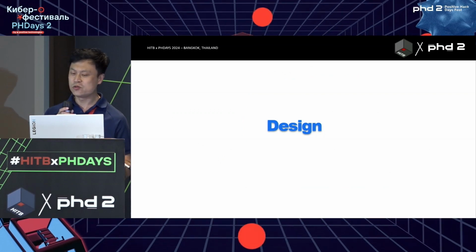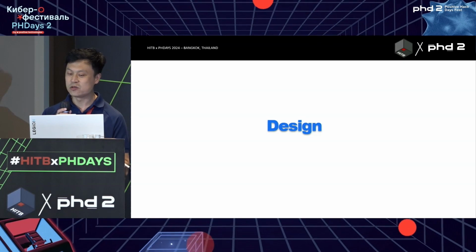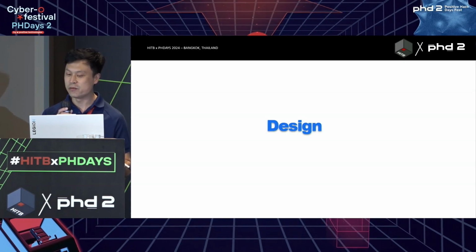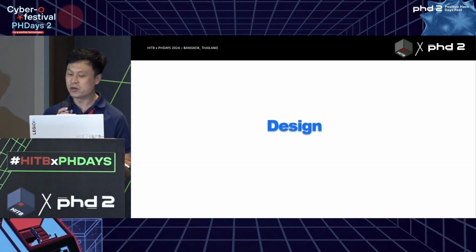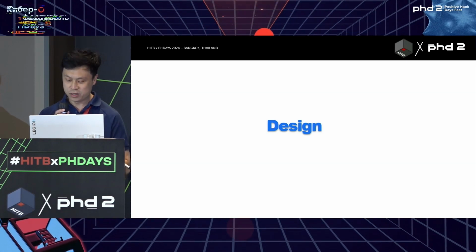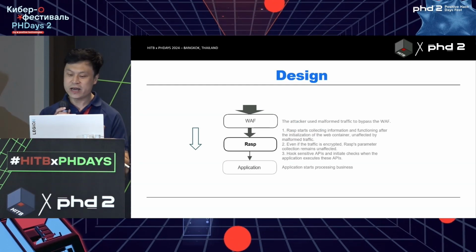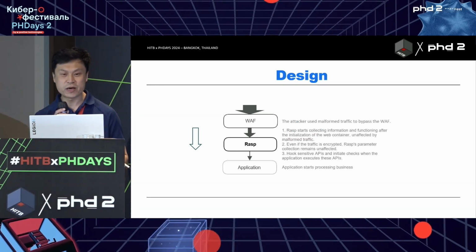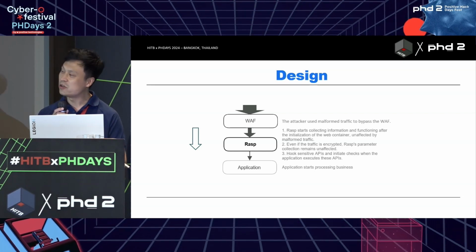Having understood the knowledge required for writing RASP, we can now get started developing the RASP defense program. We will leverage Java Agent technology to build a powerful tool for intercepting hacker attacks. Attackers use malformed traffic to bypass the WAF, but RASP can address these issues for the following reasons.